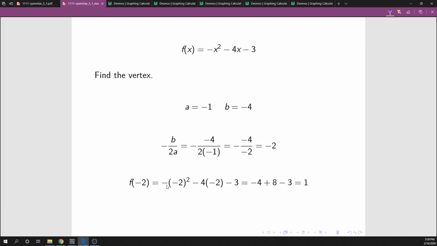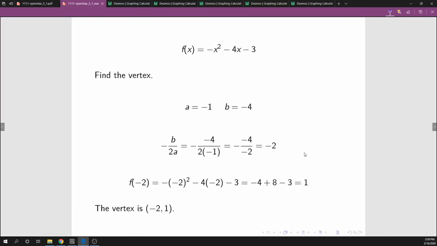The exponent comes first, so it's -2 squared, which is -2 times -2, which is +4. So -2 quantity squared would be +4, but then we still have this minus out in front, so that results in a -4. Here I multiplied -4 times -2, which gives me a +8, and then -3. That all works out to 8 minus 7, which is a +1.